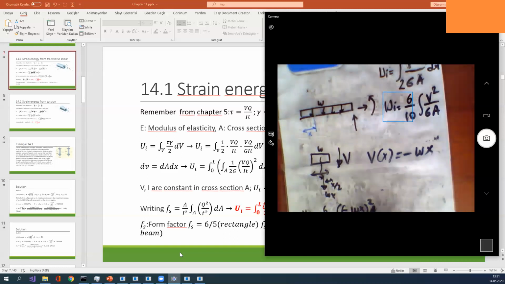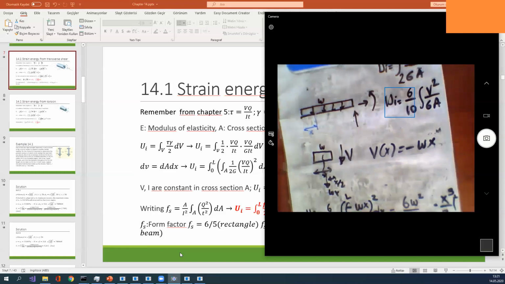Omega is constant, therefore we can move it out of the integration. 6 omega squared divided by 10GA, so x squared integrates to x cubed divided by 3 from 0 to L. If I put this term, we can see Ui is equal to 6 omega squared over 10GA times L cubed divided by 3.